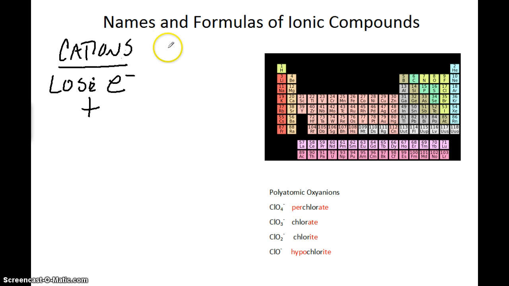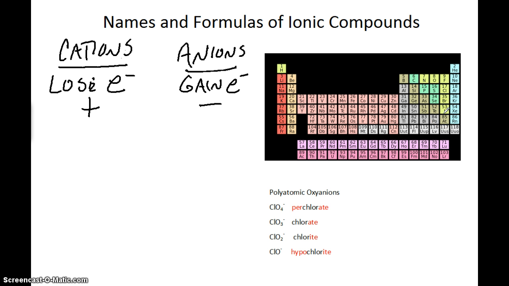What I want to do before I do that, though, is mention the other side of the table, and those are your anions. These are the guys that tend to gain an electron or several electrons and therefore become negative. If you think about it, that makes some sense. When you look at the halogens, they have a full shell and 7 outer electrons.